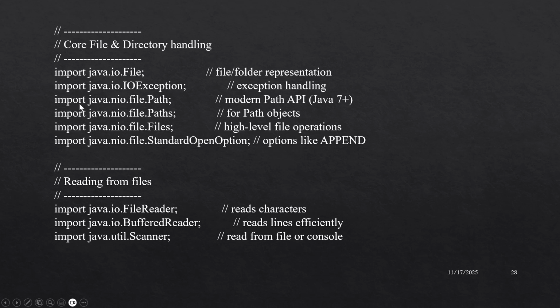So you just have to write import java.nio.file.Path. NIO means new input output. Like this, I have written all the imports here. For reading from files, import java.io.FileReader, import java.io.BufferedReader, and also the Scanner class for input.